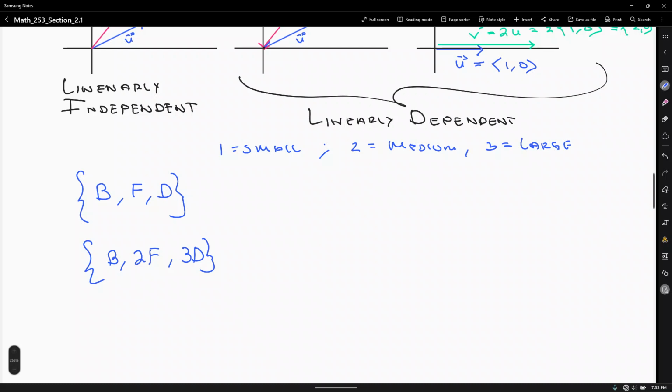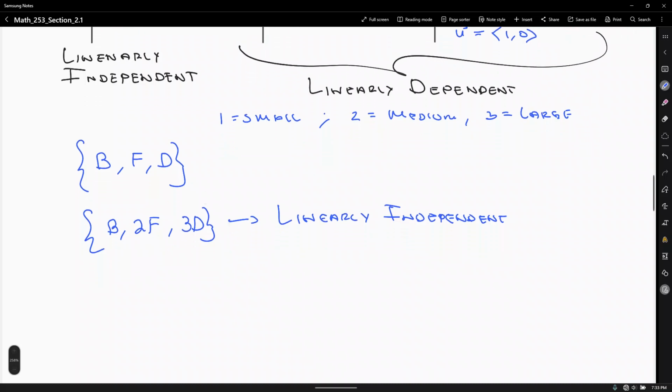So well, this is a linearly independent combo. Okay, well, another example, maybe you don't want the burger, maybe you just feel like a large fry with a medium drink.